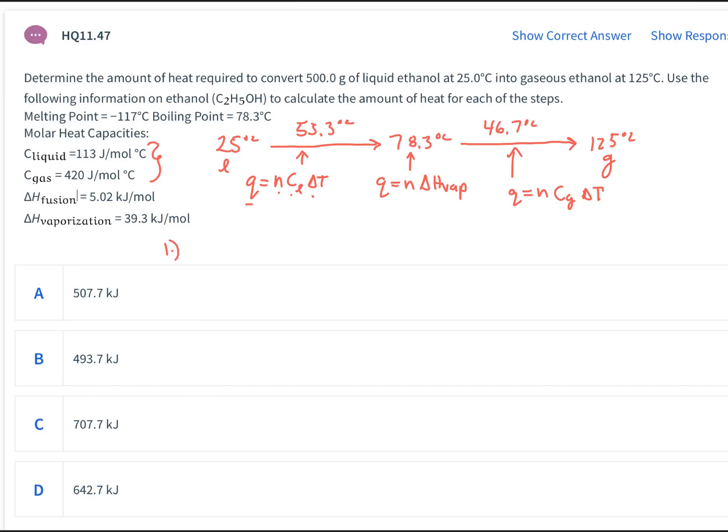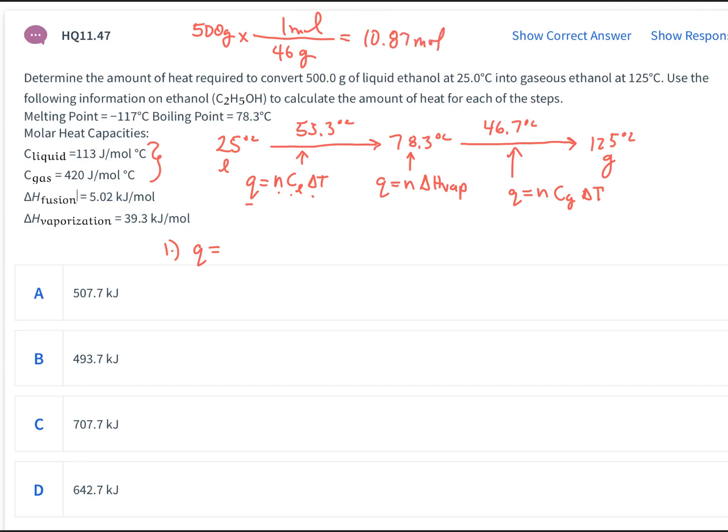So calculation 1, Q equals the number of moles. Well, moles equals, I have 500 grams of ethanol, and ethanol is 46 grams for 1 mole. So I have approximately 10.87 moles of methanol.